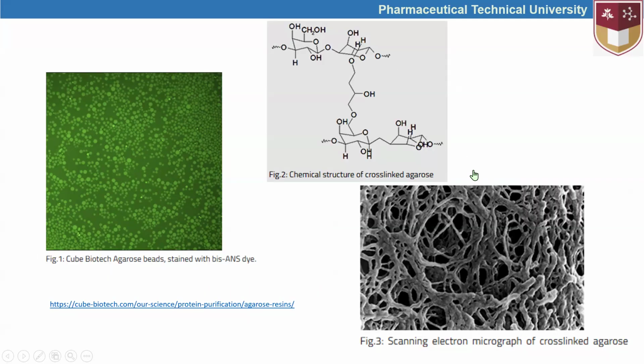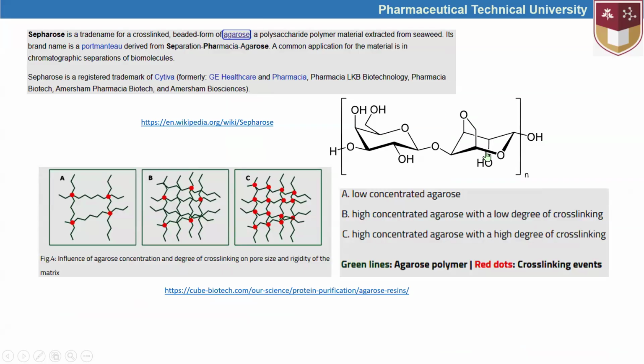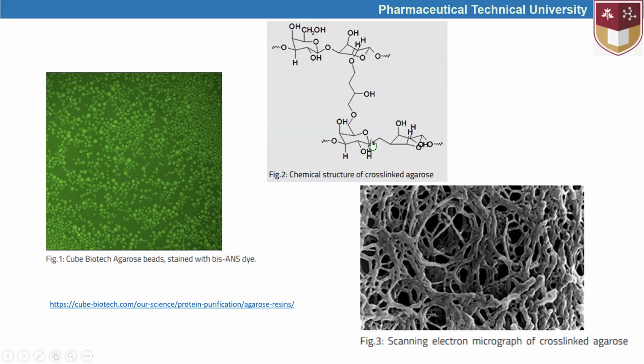We can understand from this figure, when it is cross-linked, that the oxygen in the form of inner circle is involved in the cross-linking as indicated here. And this is a scanning electron microscopy image of the cross-linked agarose.